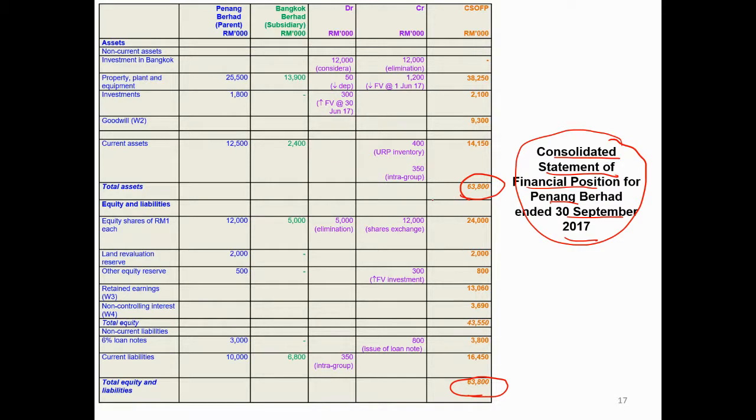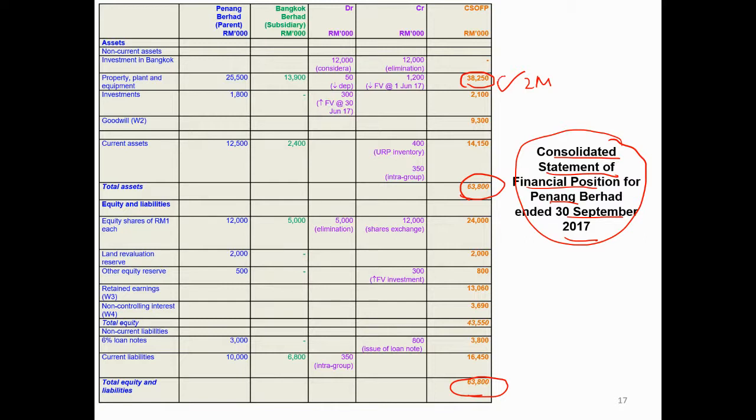For example, your PPE item here is 38.25 million. How do I give marks? For PPE, let's say it's 2 marks. If your final answer here is correct, 38.25 million, straight away I will give you those 2 marks, because there is no point for me to check back when it's correct already.